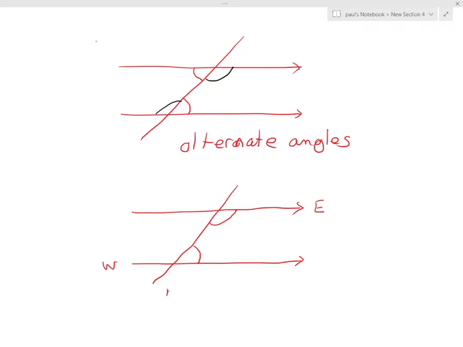So these are called allied angles, and they add to 180. So of course if you know one, you can subtract it from 180 and you'll find the other.